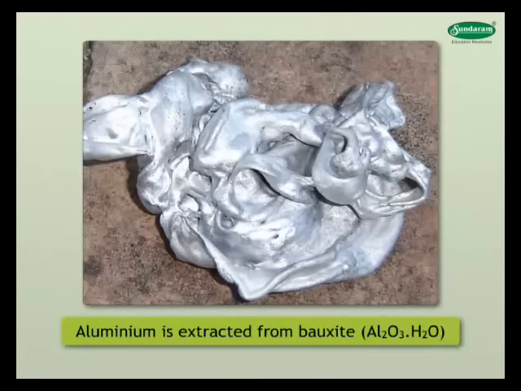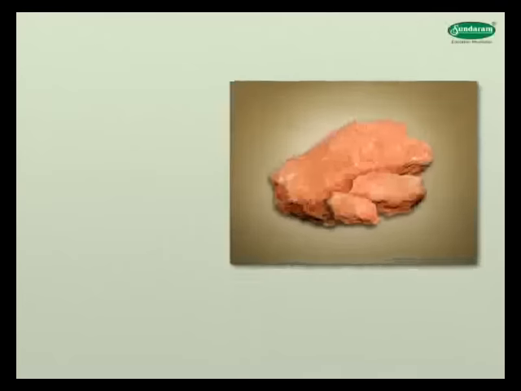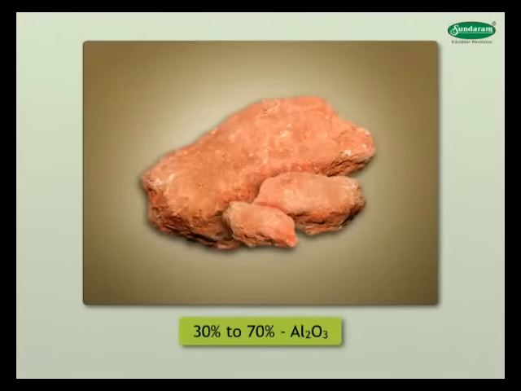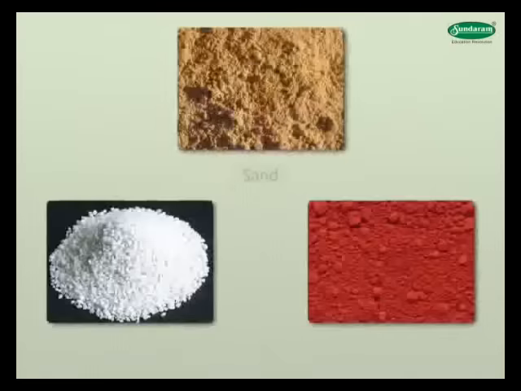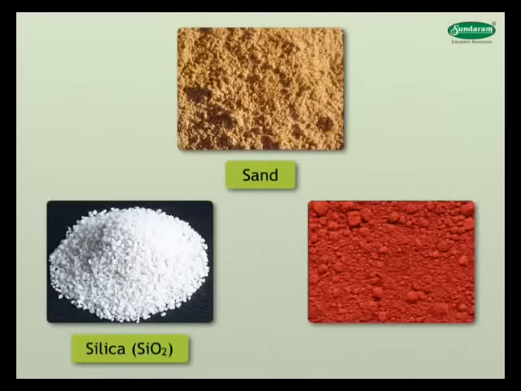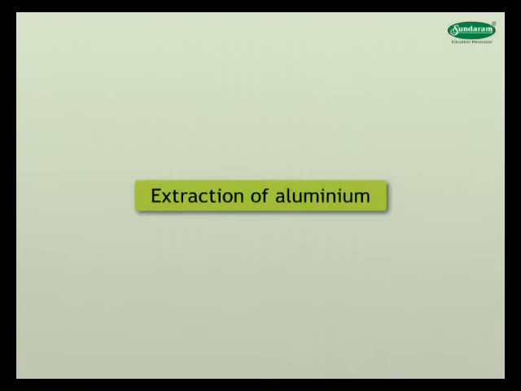Aluminium is extracted from its main ore, bauxite, Al2O3.2H2O. It contains 30% to 70% Al2O3 and the remaining portion is gangue made of sand, silica, SiO2, iron oxide, Fe2O3, etc. Let us see extraction of aluminium.